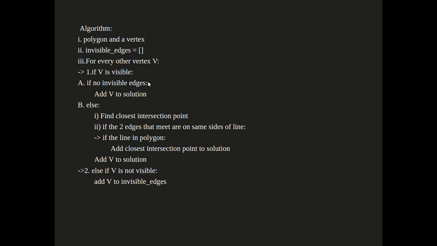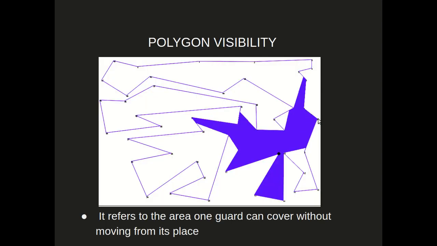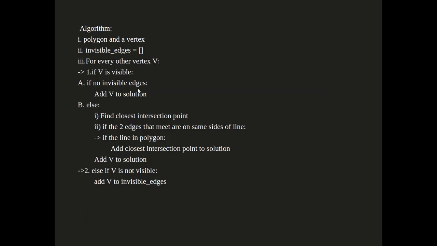If there are no invisible edges, we can see that both vertices are visible from this guard. So this is a visible edge, and we simply add V to the solution.